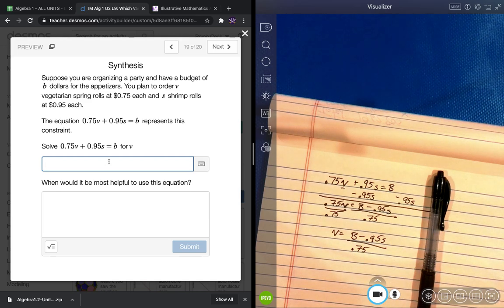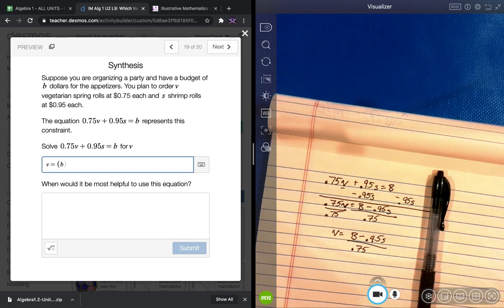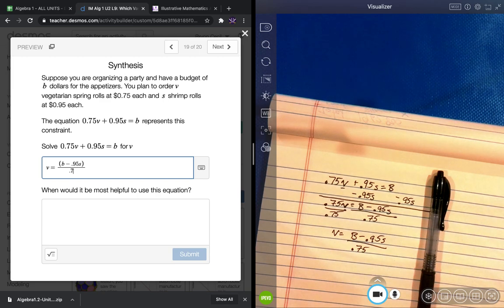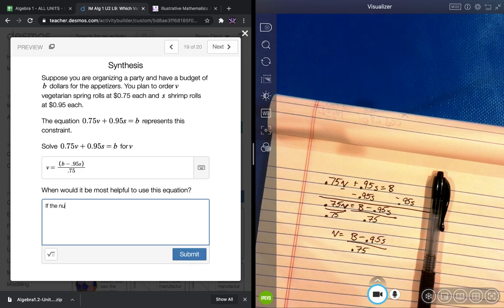Okay, so now we know that V equals B minus 0.95S all over the 0.75. And it says, when would that be most helpful to use in this equation, guys? That's if the number of shrimp rolls is known.